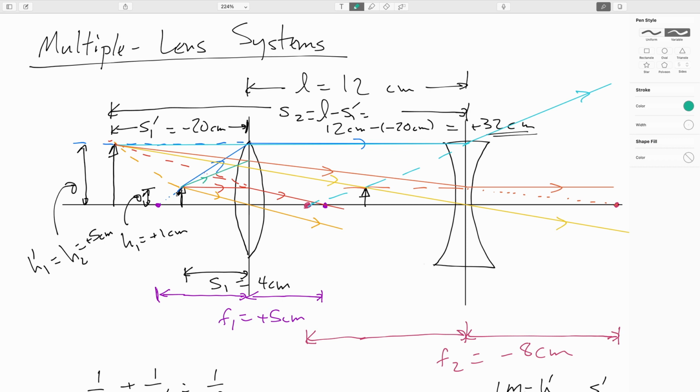These rays aren't particularly special rays for lens number 1, but they are the rays that bend at this principal plane to become the special rays for lens number 2 to allow us to go ahead and locate the image there.